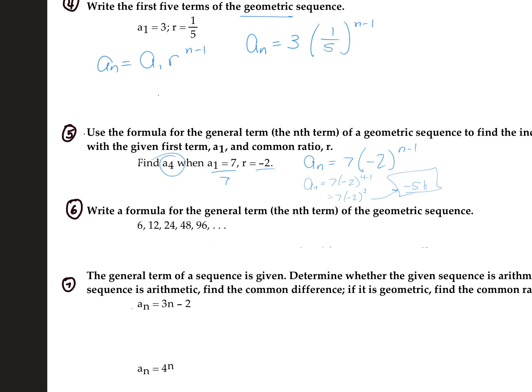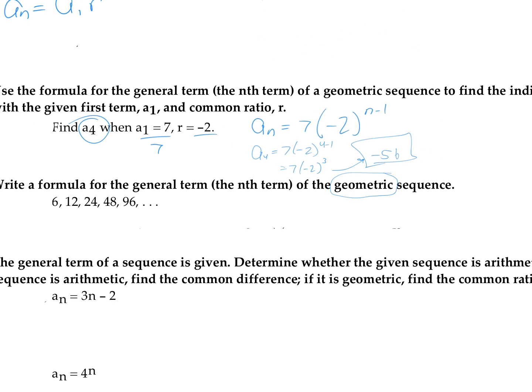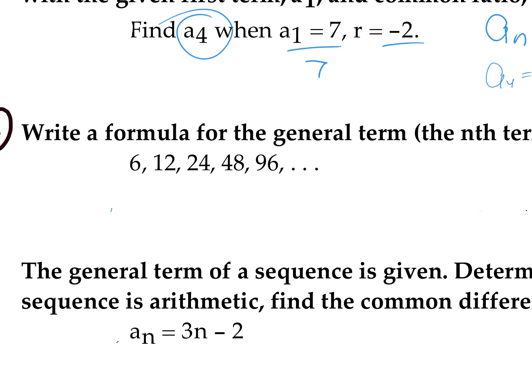All right, so here they gave me a sequence of numbers. They told me this was what kind of a sequence? Geometric. That means you're going to do what to get from one to the next? Multiply. So if I have to write the rule, I can identify a couple things. I know my first term is what? 6. And how did I get from 6 to 12 to 24 to 48? I times it by 2.